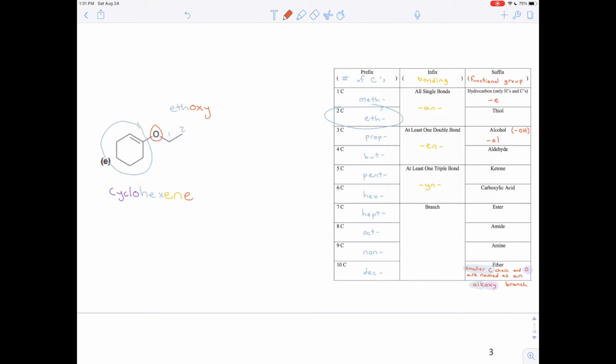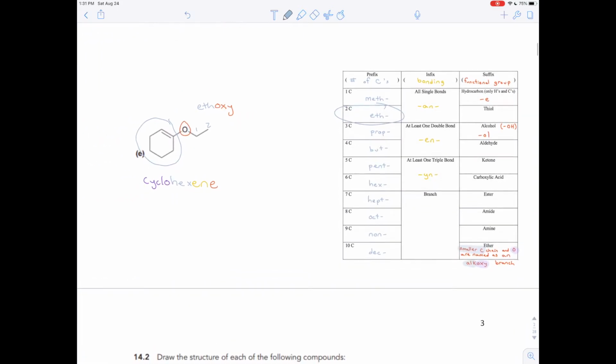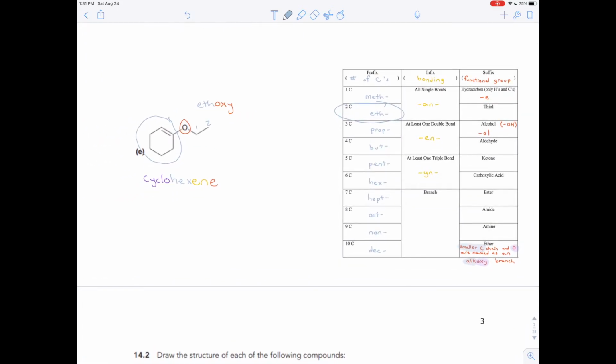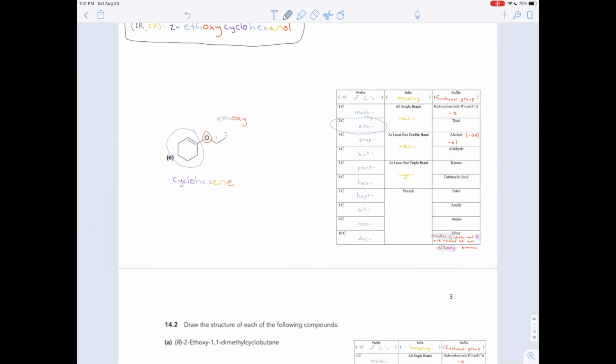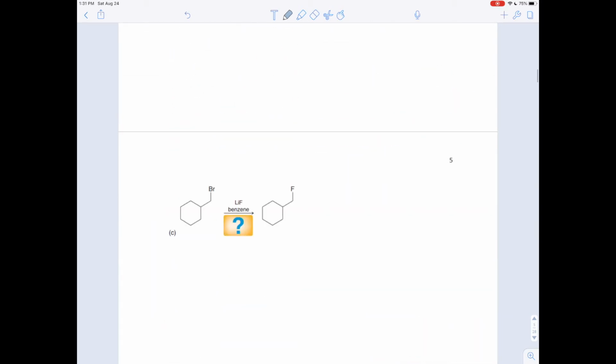Now, how do we want to number the ring? Well, we actually have 2 things to consider here. One is the double bond, and the other is the branch. So which is more important? Now, it may not matter in this particular molecule, but in a molecule that's slightly different, it would matter.